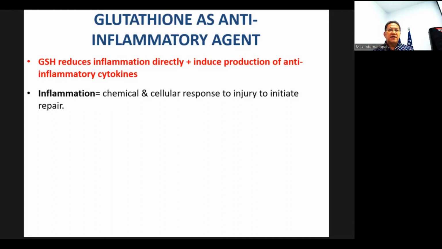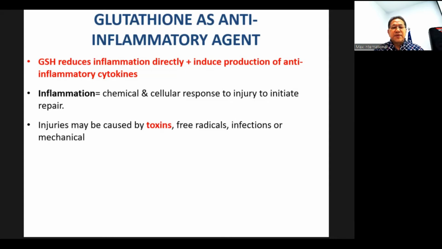But at the macro level, you slap someone, and the person will feel pain, and there's redness, there's swelling. The classic three signs of inflammation: pain, redness, swelling. But at the micro level, you can see the chemicals and the cells converging at the place. The purpose is to initiate repair.